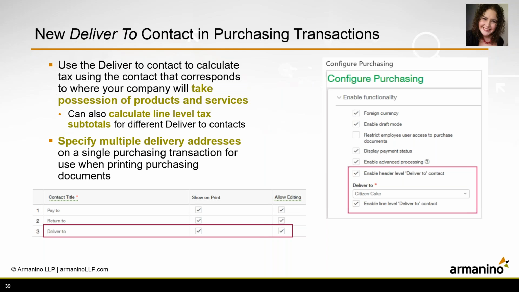When those 2 checkboxes are checked, you'll then get the option in the individual transaction definitions to be able to do that there. And you can also specify multiple delivery addresses because it will allow you to do this on the individual line item. So if one line item needs to be delivered to building A and one line item to building B, you have the ability to specify that.